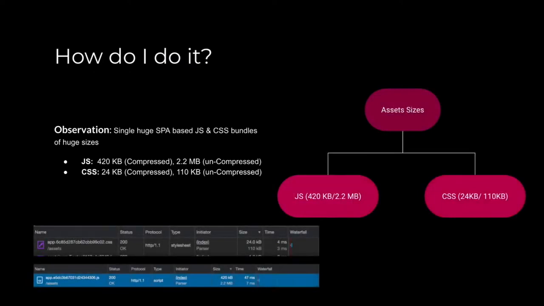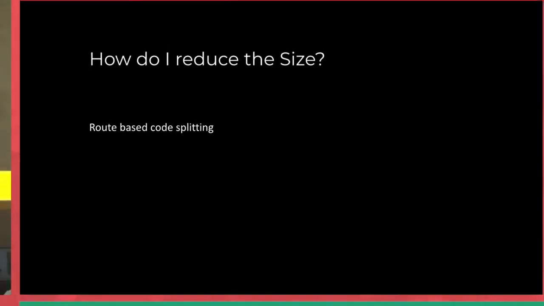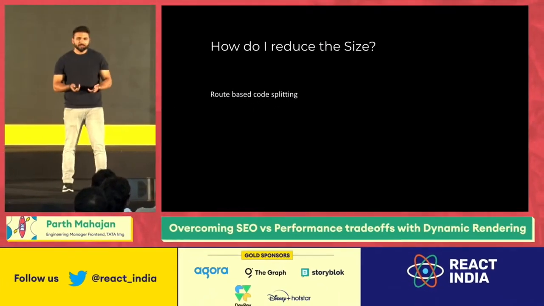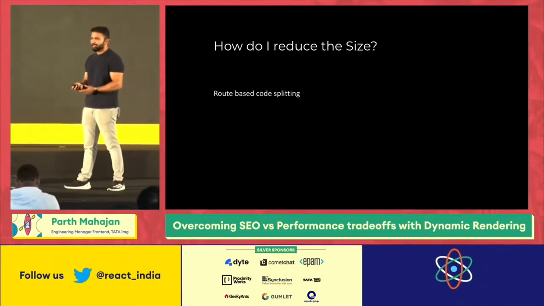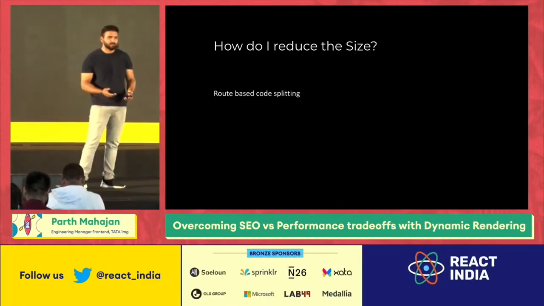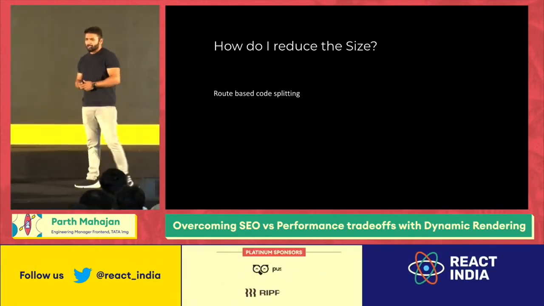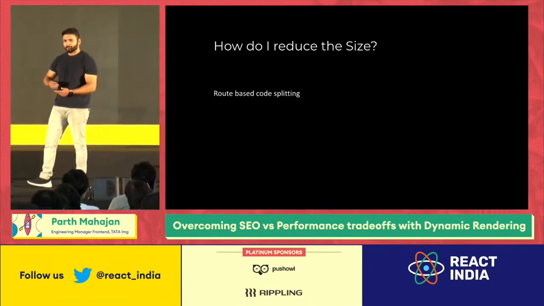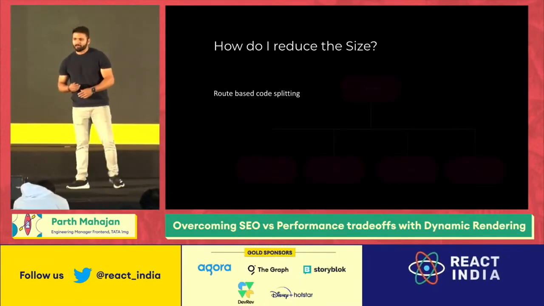So what do we do? How do we reduce the size? The first solution that comes to mind is code splitting, right? A lot of frameworks out there already provide code splitting. You can go with Next, you can go with Remix, or you can do code splitting on your own by setting up your own thing. So we'll start with route-based code splitting.